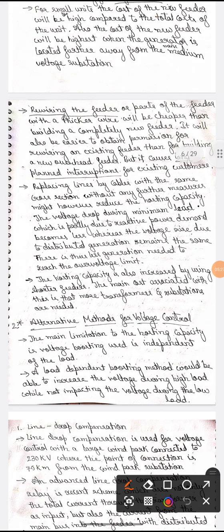Replacing lines by cables with the same cross section without any further measures might reduce the hosting capacity. So replacing lines by cables. Instead of a copper wire, if we replace it with an aluminum wire with the same cross section and without taking any measures, designing for the overvoltage limit or anything, then it will reduce the hosting capacity.